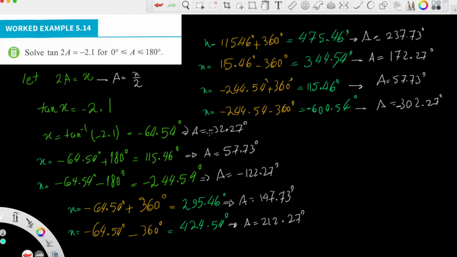So these are the answers we have found, but we need the ones which lie between 0 and 180.